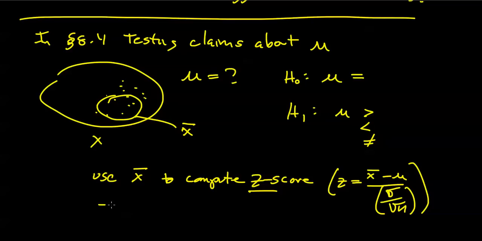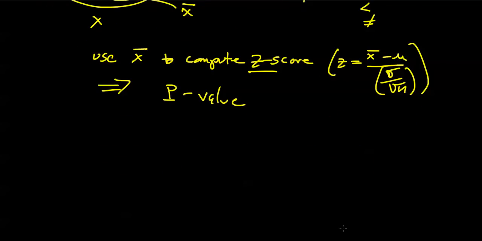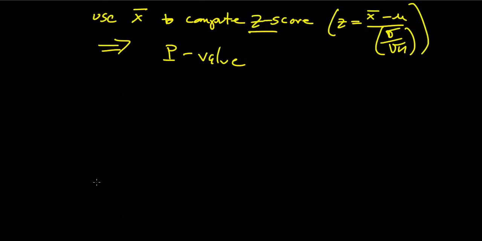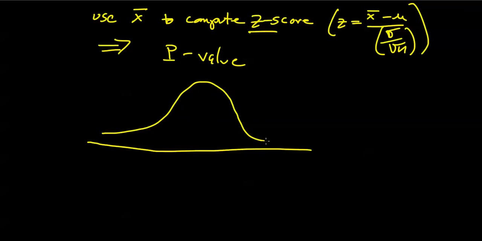And your z-score will then determine a p-value. And much like in section 8.3, our p-value will be the indicator of whether to reject or fail to reject H0. So we're basing our conclusion really on a z-score, and I want to give you an idea what's happening here upstream in your calculator.